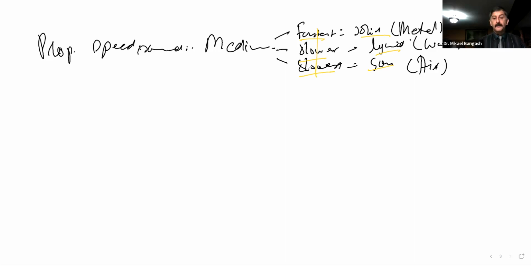So no matter what the wavelength, no matter what the frequency, no matter what the power, intensity, or amplitude, and so on, it is the nature of the medium that will determine the propagation speed.